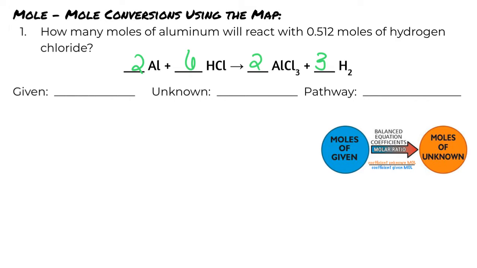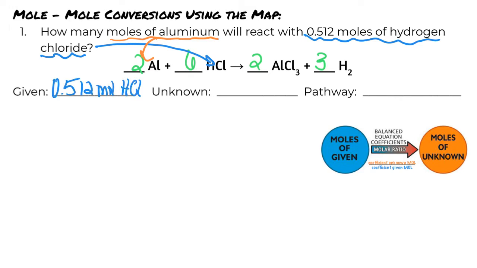So let's go back to the problem and identify our given and our unknown. I automatically see here 0.512 moles of hydrogen chloride. Now being able to pick out which one is hydrogen chloride, right there. So then our unknown, how many moles of aluminum? So our moles of aluminum is right here. So let's take a moment and fill in the blanks. Our given is our 0.512 moles of HCl.